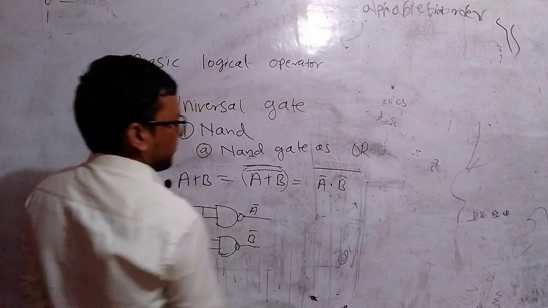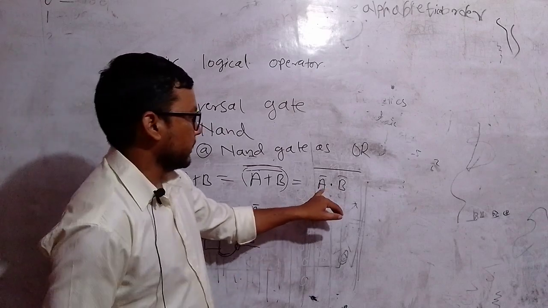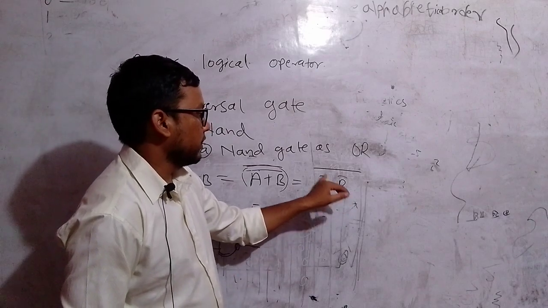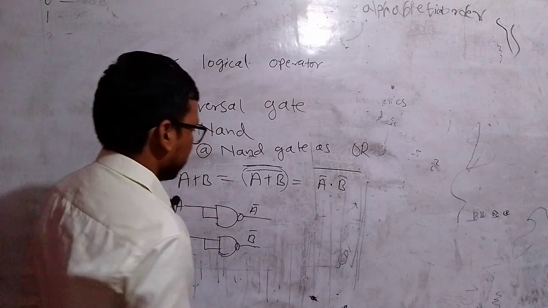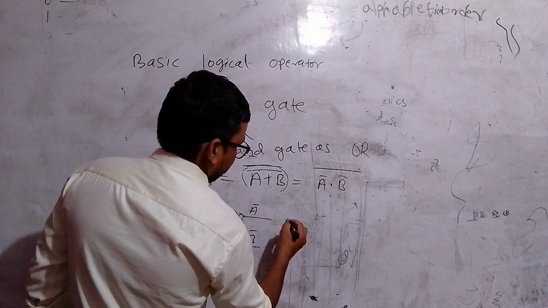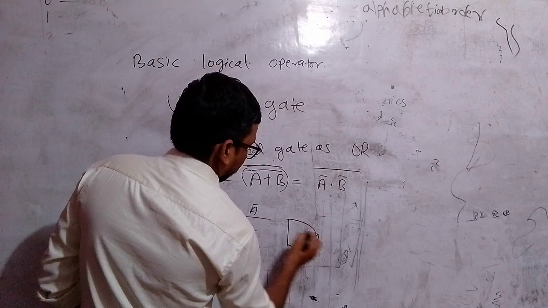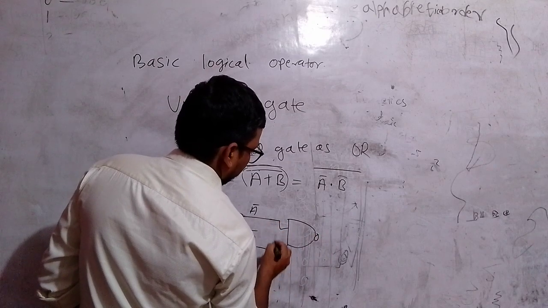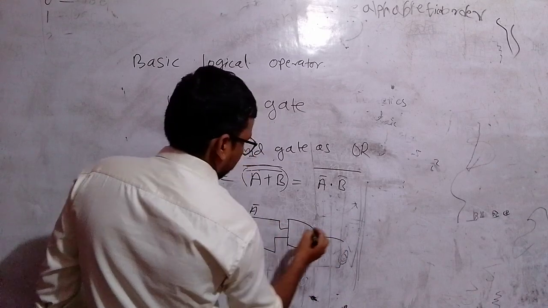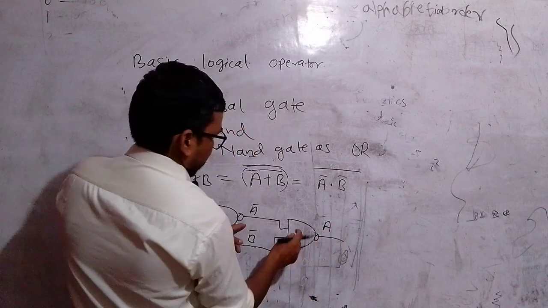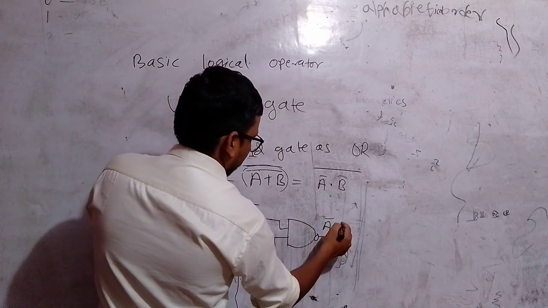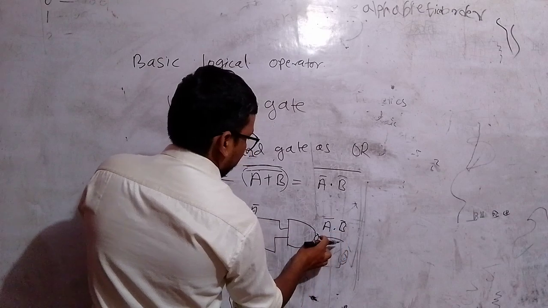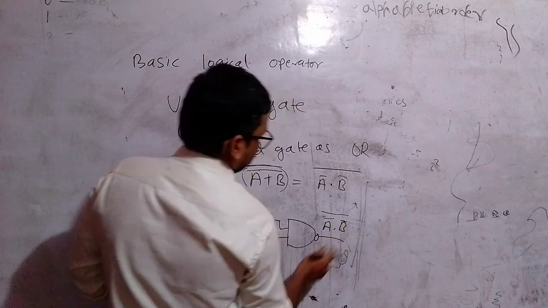A complement and B complement we have already achieved. Now we need to perform dot and complement, which means a NAND operator, one NAND operator. Now this will produce the product of these two terms, and the NAND operator appends the complement.